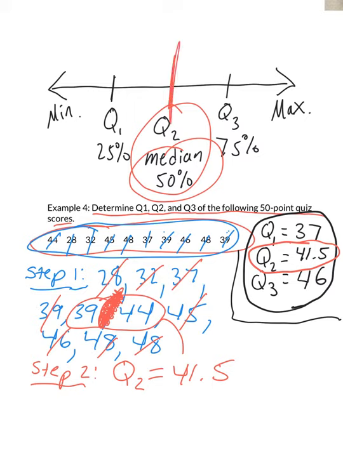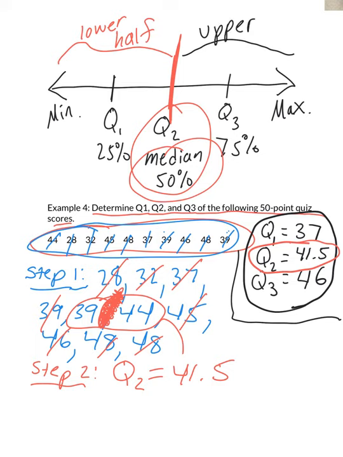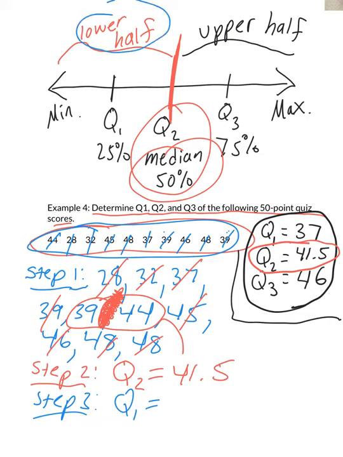So there's a divider between the smaller numbers, which we call the lower half of the data, everything smaller than quartile 2, and the upper half of the numbers. So the divider, quartile 2, divides your data into lower half and upper half. Everything bigger than quartile 2 is the upper half. So if I want to find step 3, quartile 1, I'm going to do the median of just the lower half of the data.